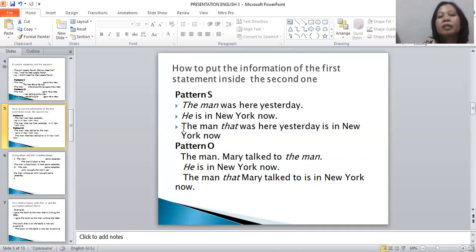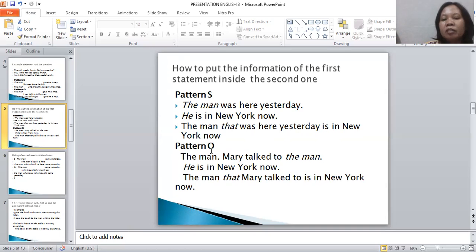So the relative clause for this is the man that was here yesterday is in New York now. We only use one subject for these two sentences in one sentence. We do not repeat he, we only use the man.